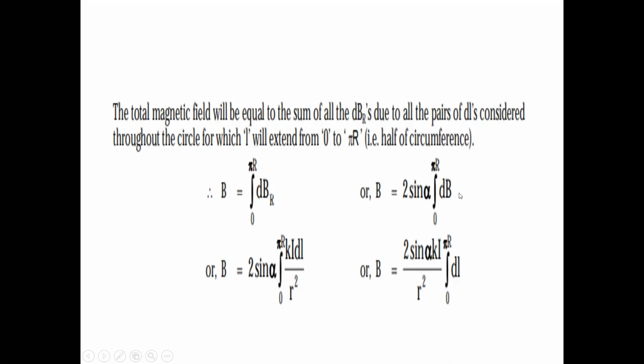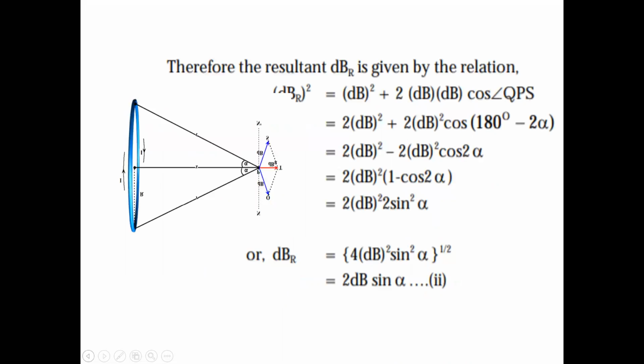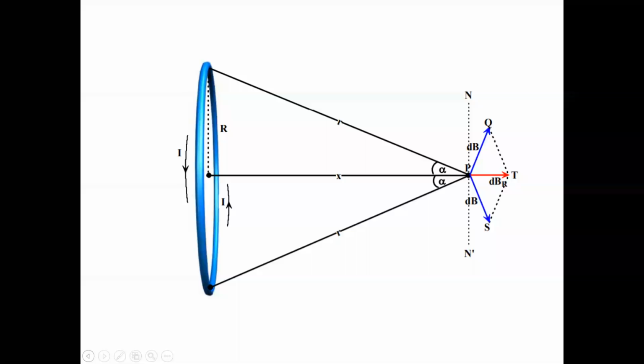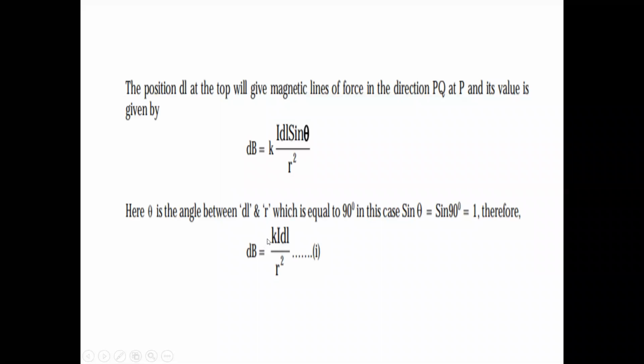So what is the dB value? Again, we have to take the dB expression from Biot-Savart's law, which we already calculated in the first slide. This dB value is equal to Ki dl by r square. Why?